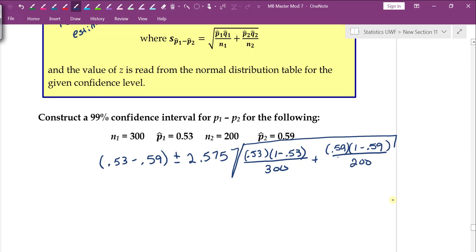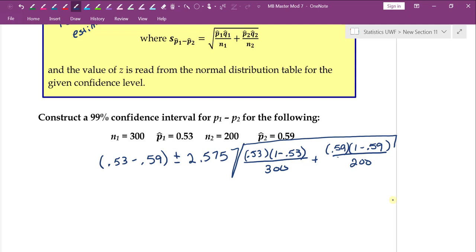So let's go ahead and put this in a calculator to get our final answer. So it's 0.53 minus 0.59, close parentheses, minus 2.575 times the square root of parentheses, 0.53 times 1 minus 0.53 divided by 300, close that parentheses, plus open parentheses, 0.59 times parentheses 1 minus 0.59, close parentheses, divide by 200, close parentheses, equals.